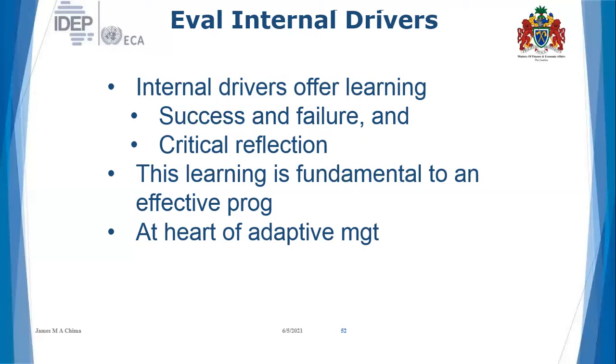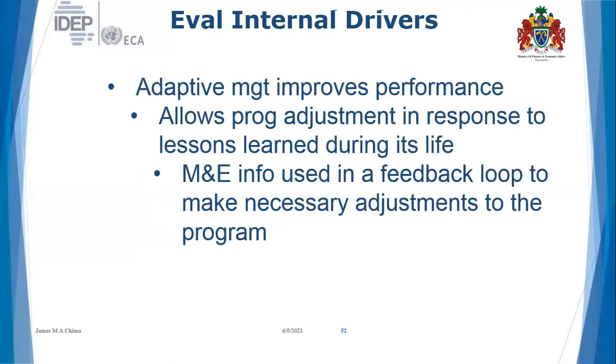An institution has to adapt to the unfolding reality. Adaptive management improves performance. How? By allowing appropriate program adjustments that respond to the lessons being learned during the implementation of the program.